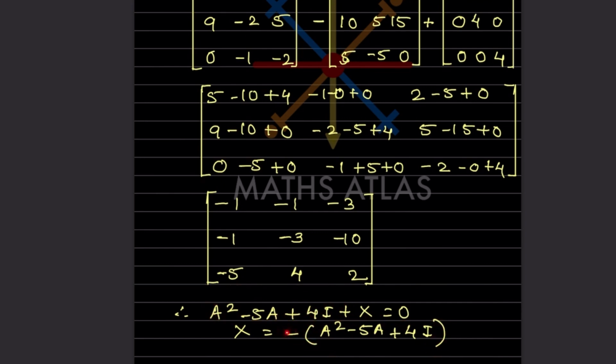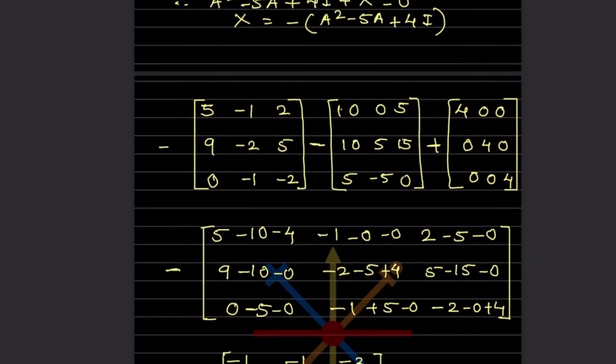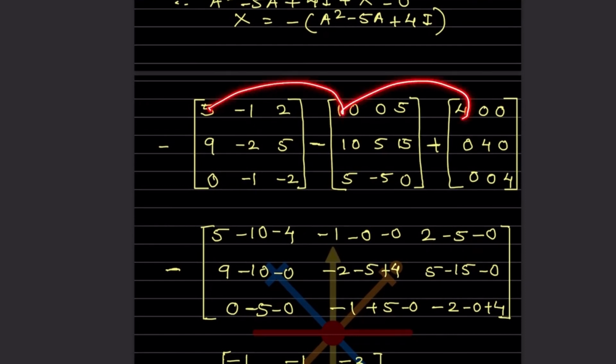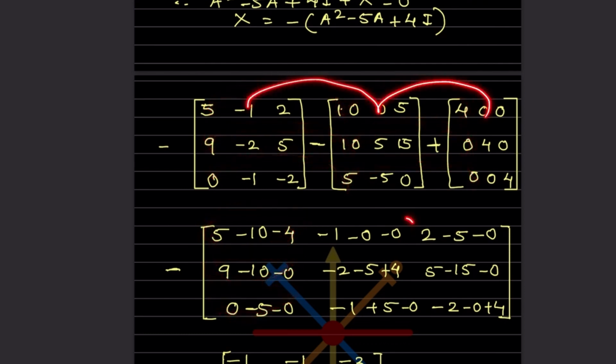Because we are changing the place of it, so you are going to write minus, and this I wrote in a bracket, so the inside sign doesn't change. We know A² is this one, 5A is this one, and 4I is this one. So this minus whatever is there, that is outside here. Now what are you going to do? Again same thing here. This and this one here, this and this one here, this and this one will be here.